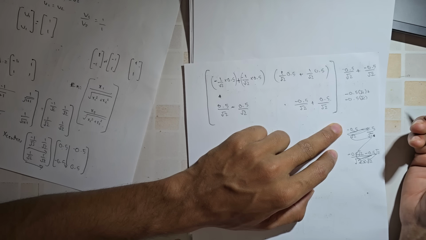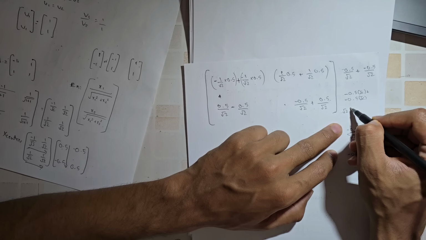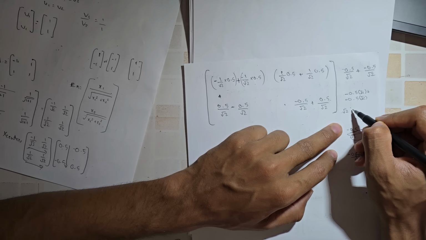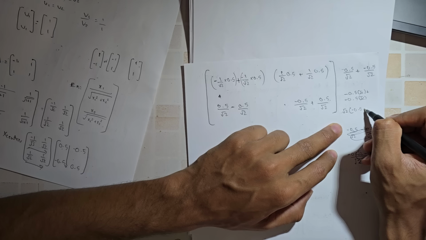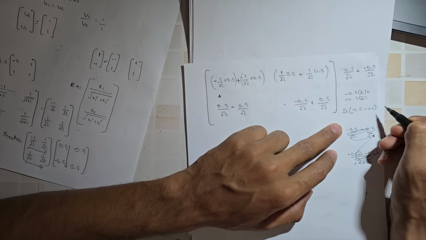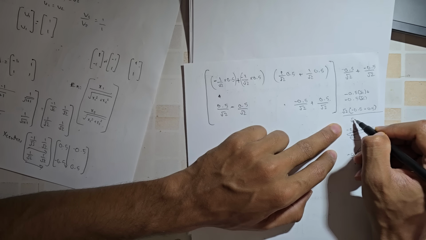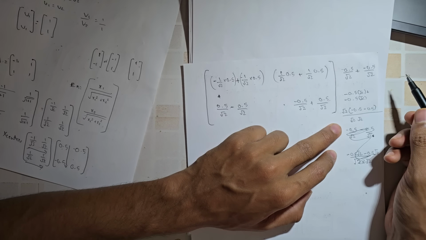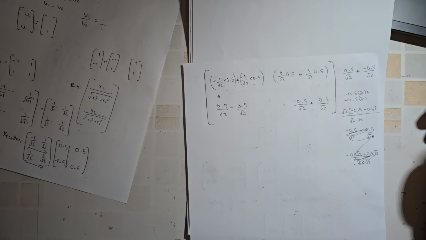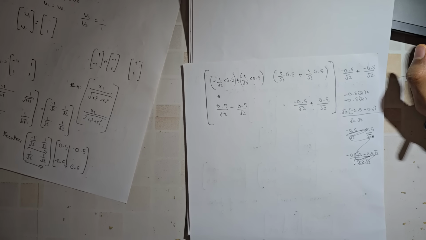Okay, so you can take root 2 as common for this, then you will be having minus 0.5 minus 0.5, and down you will be having root 2 into root 2. I don't have the scientific calculator, or else it would be way much easier, but no problem.